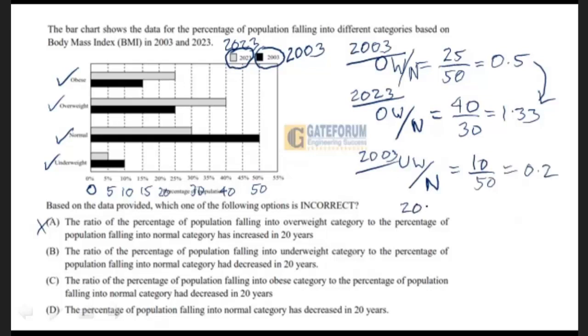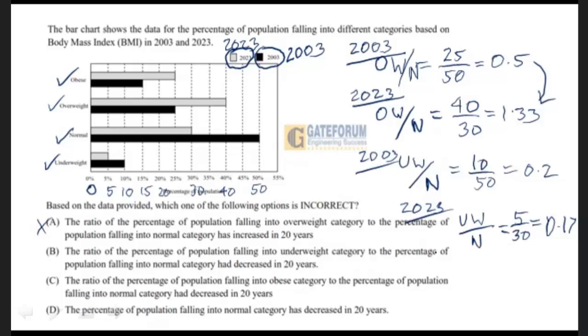Now let us find it in 2023. Underweight by normal is 5 and 30. So 5 by 30 is 1 by 6, which is 16.67%, that is 0.17. So we can say that option number B is indeed correct.